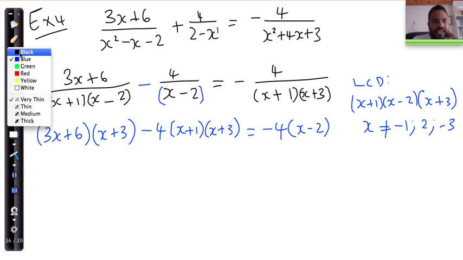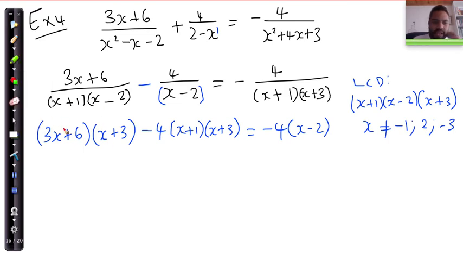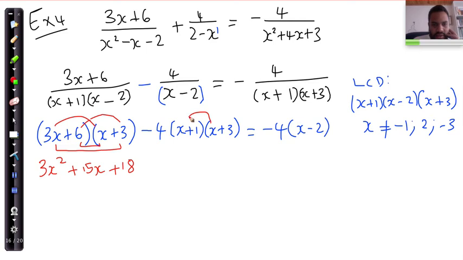At this point it's just some foiling, multiplying binomials with binomials. This is going to give me 3x squared, and positive 18. Positive 6x plus 9x gives me positive 15x. Then minus 4 times x squared plus 4x plus 3, since 1x plus 3x is 4x.